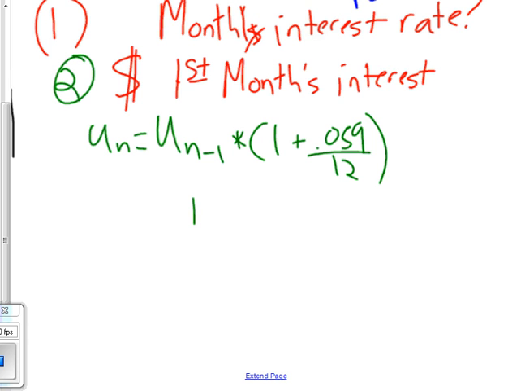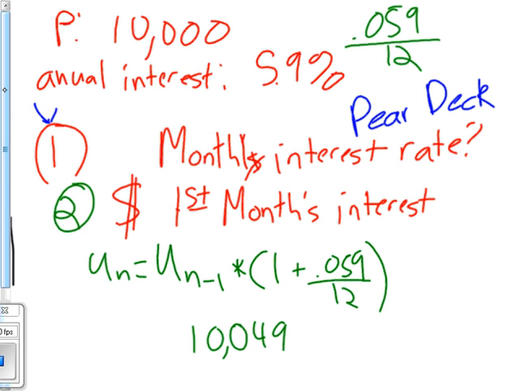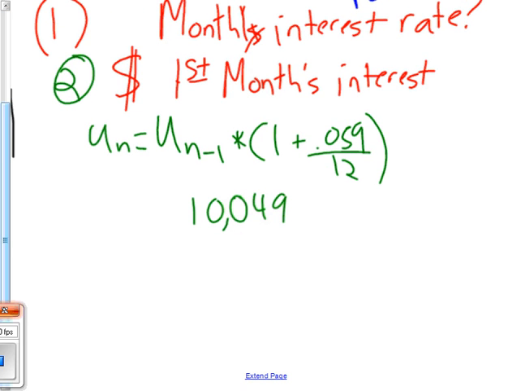The first one was up to 10,049. Then you just subtracted that from your principal, which is 10,000. Yes, that is exactly correct.